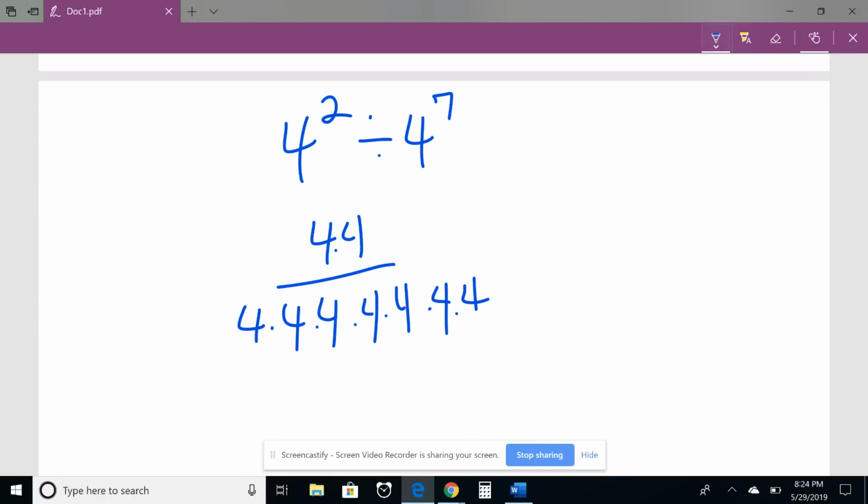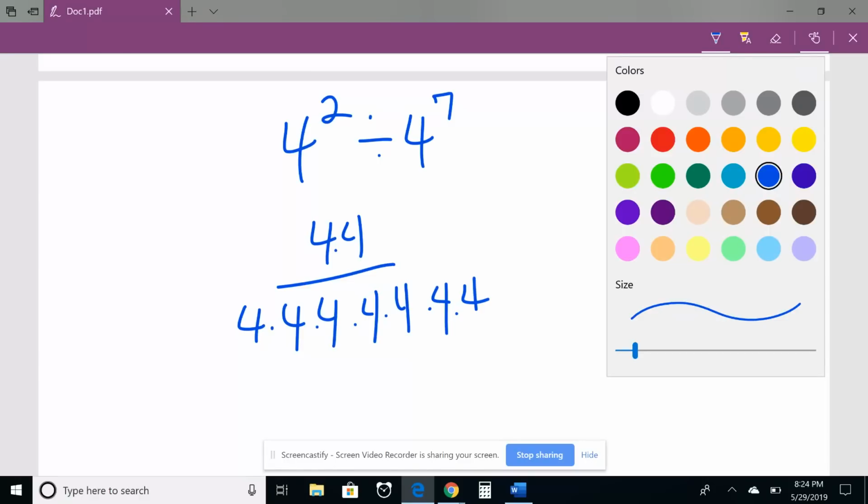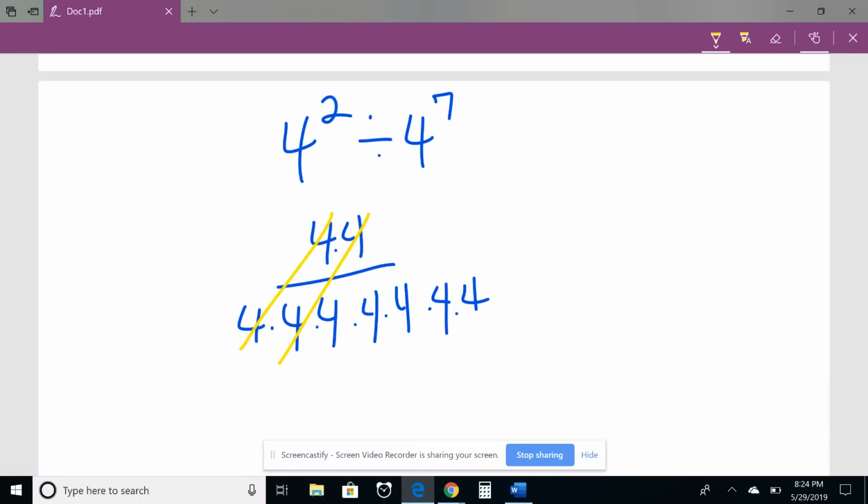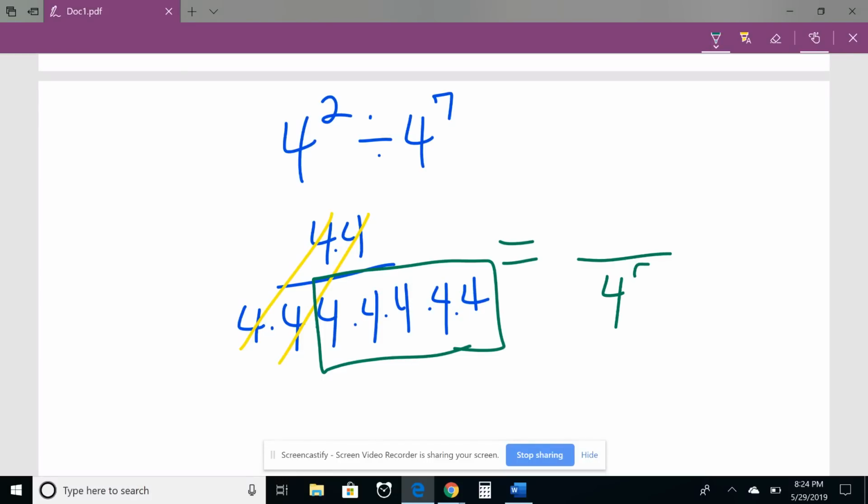Again, canceling out. Divide, divide. It looks a little bit different. The 4's are left over on the bottom. How many? 5. So the 4's are left on the bottom of my fraction, 4 to the 5th. Whenever I have a number divided by itself, it's always going to equal 1. So you can't just cancel them out to 0; you're going to be left with 1 on the top.